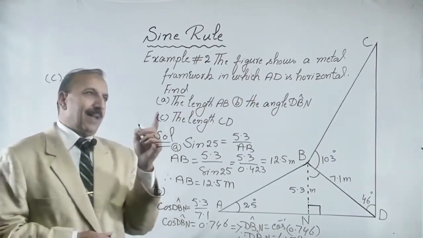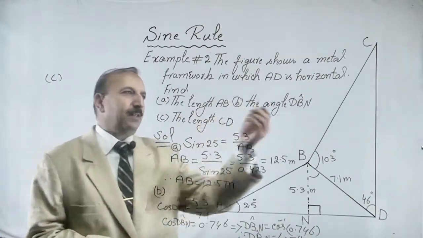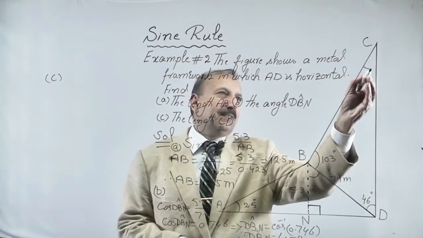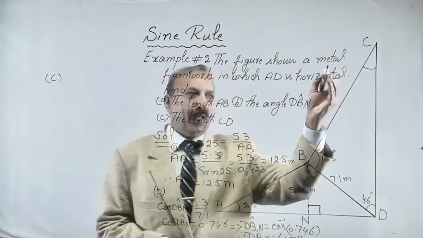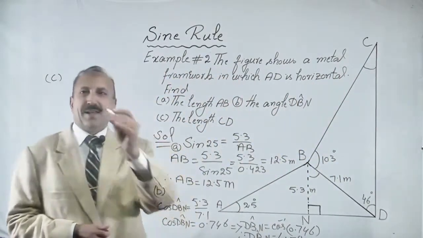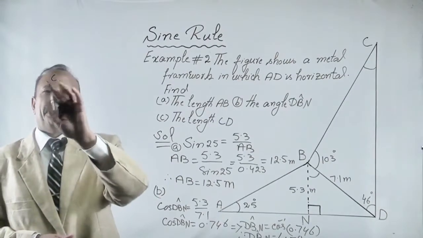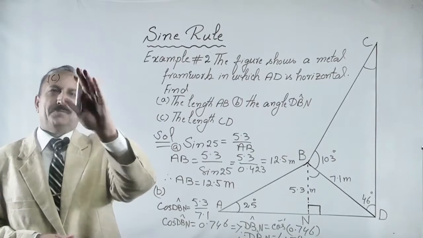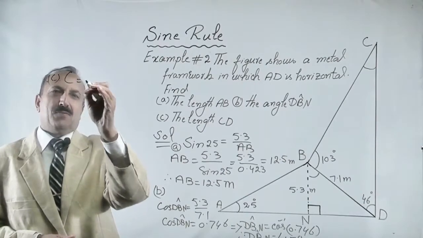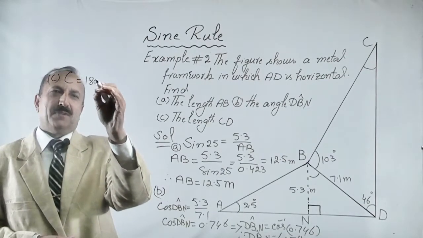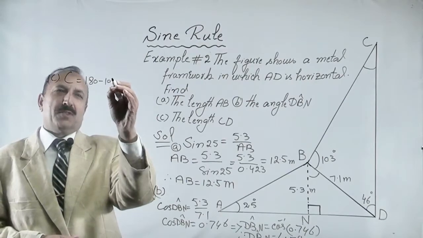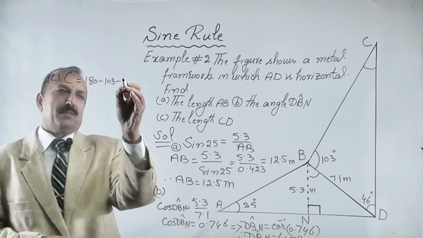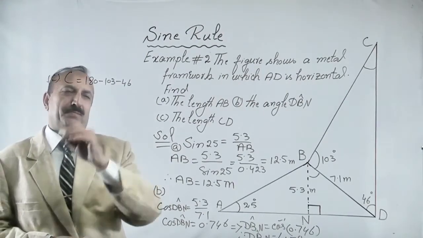Okay, first of all, for part C, we will find the angle at point C. We need this angle, so we can find this angle C here. Angle C is equal to 180 minus 103 minus 46.